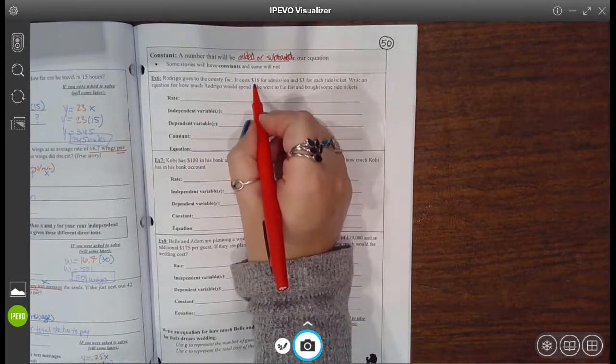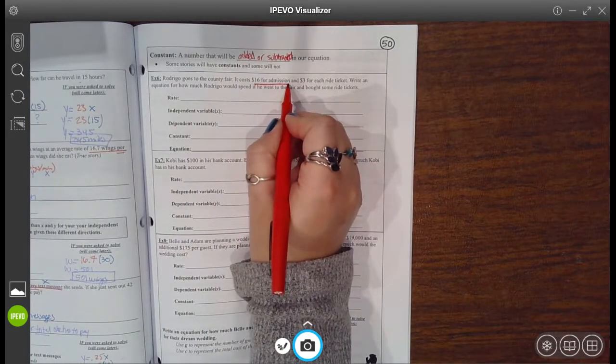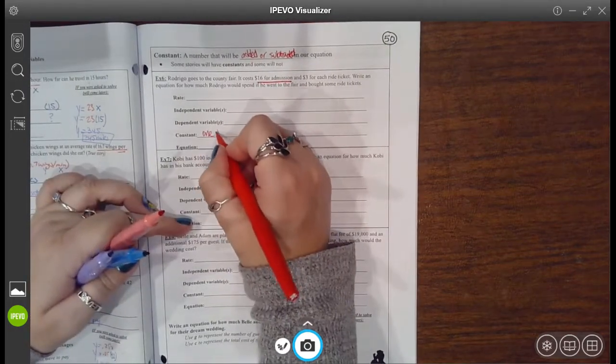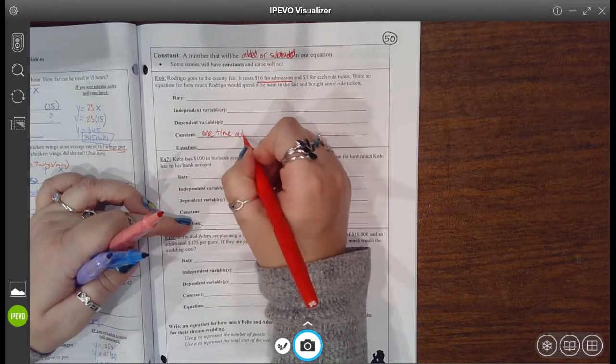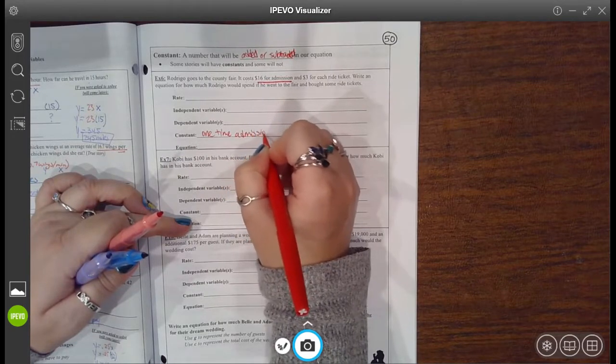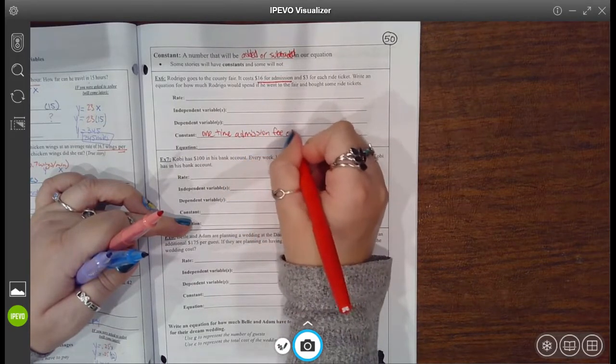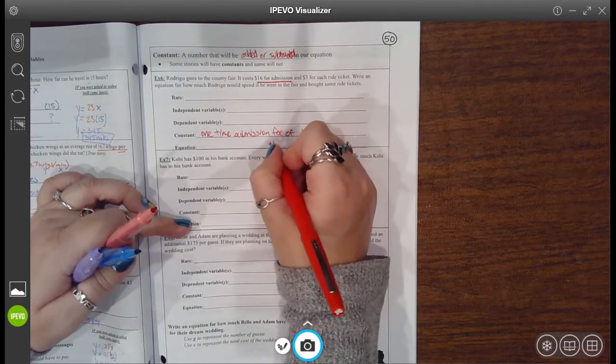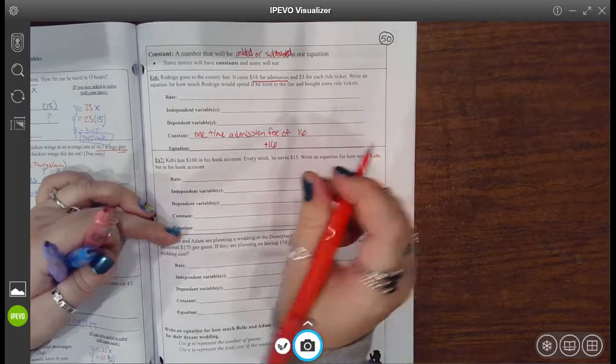Yeah, this $16 to get in. That's just a one time fee, right? So, that's a one time admission fee of 16 bucks. That's going to get added on at the end of my equation.